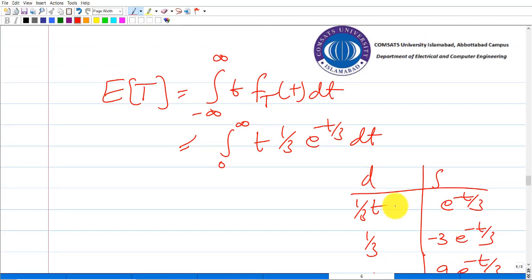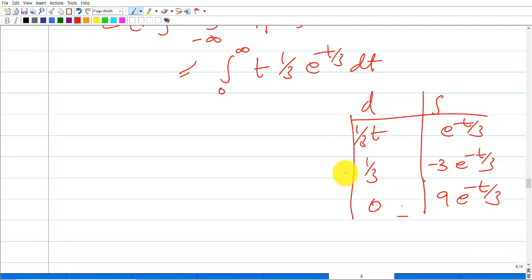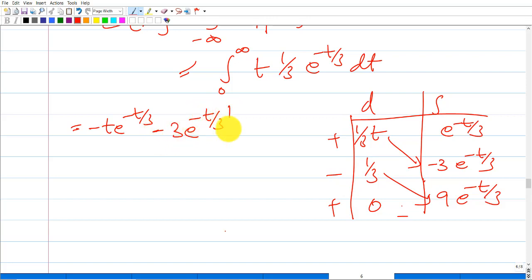And we use the signs plus, minus, plus and so on. So that would be multiplied here, and that would be minus 3 times 1 by 3, which is minus t e raised to power minus t by 3. So this is minus 3 e raised to power minus t by 3 over the interval of 0 to infinity.